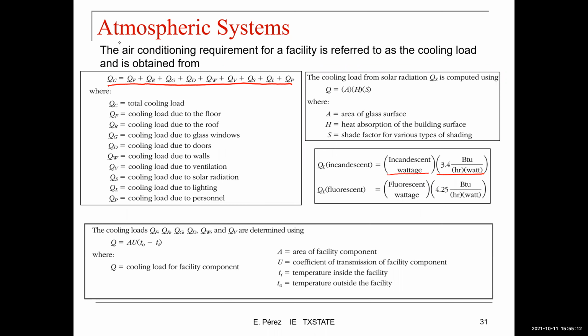And then the cooling requirement is the opposite. We have T0, or the T outside, minus the T inside. So when you're trying to cool, that means the temperature outside should be higher than the inside, because you're designing for a system that will have a higher temperature outside than inside. In that case, the outside temperature will be higher than the inside temperature, and the difference will be positive.